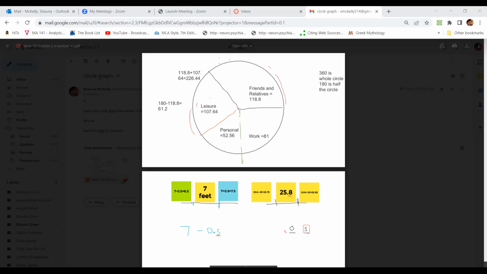So what do I put in the pie chart? The degrees or the percentage? The degrees just tell you how big the sections are going to be. So let's do this.